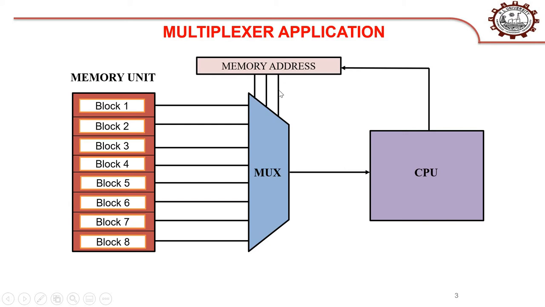If these 3 selection lines become 0, 0, 0, block 1 data will go to the CPU through the multiplexer. If the memory address selection becomes 111, then block 8 data will pass to the CPU. So the multiplexer will allow any one block's data to the CPU by selecting the memory address.